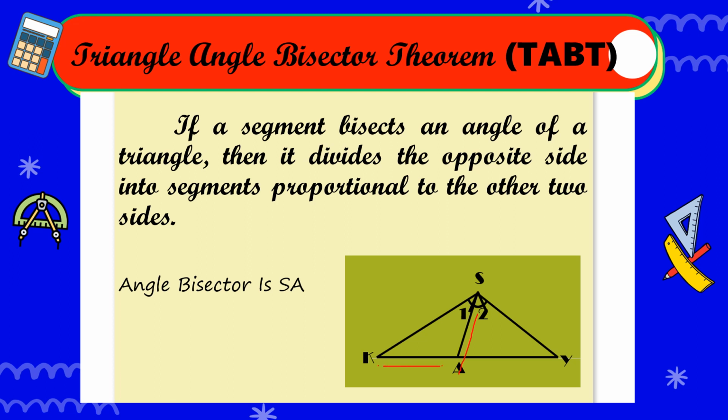Proportional segments will be this over this, which should be equal to this over this. So in symbols, we have KA over AY is equal to SK over SY.